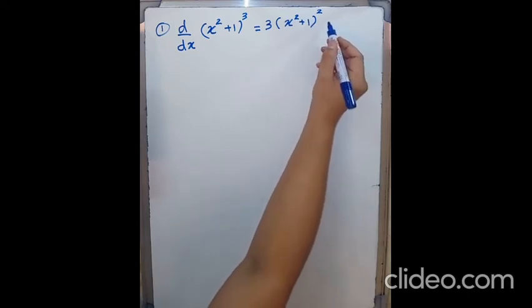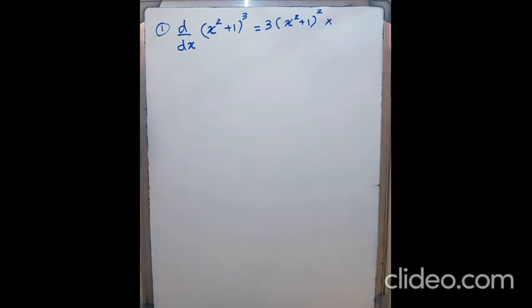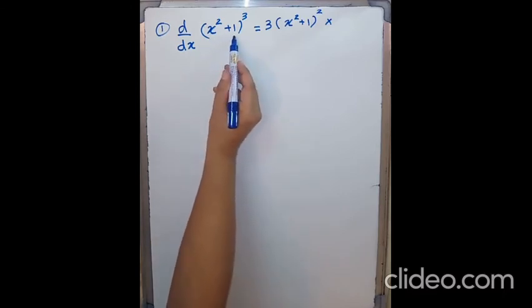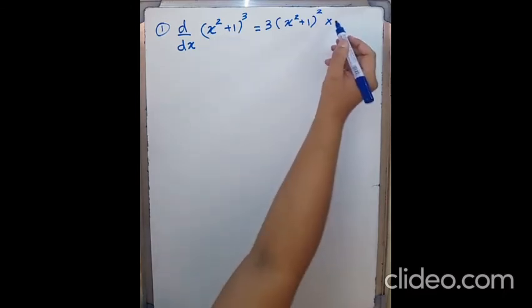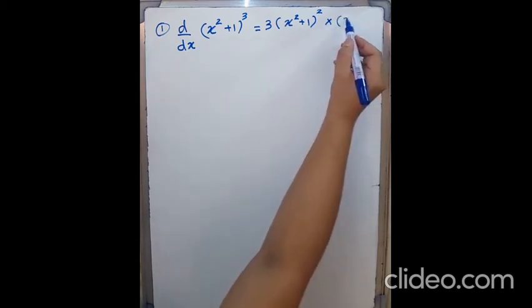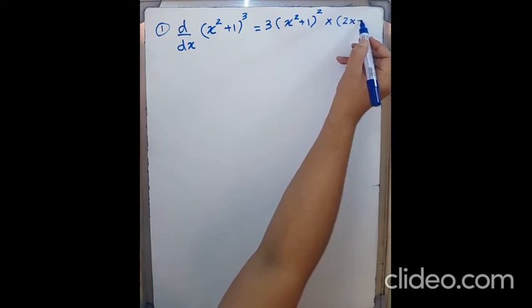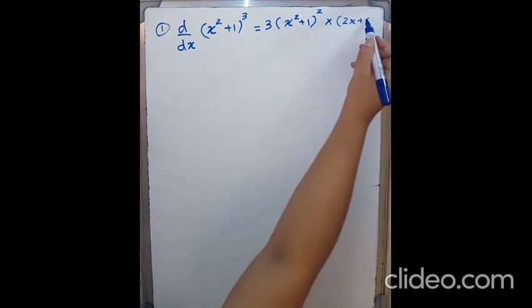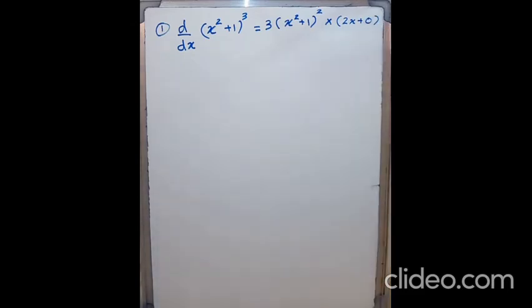Chain rule says now we have to multiply it by the derivative of t. That is the derivative of x square plus 1. The derivative of x square will be 2x plus derivative of 1 will be 0. This is our answer.